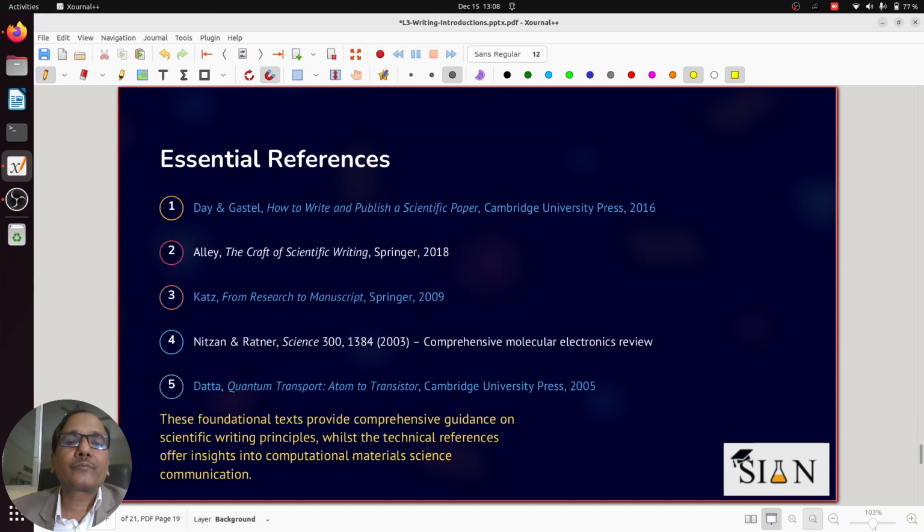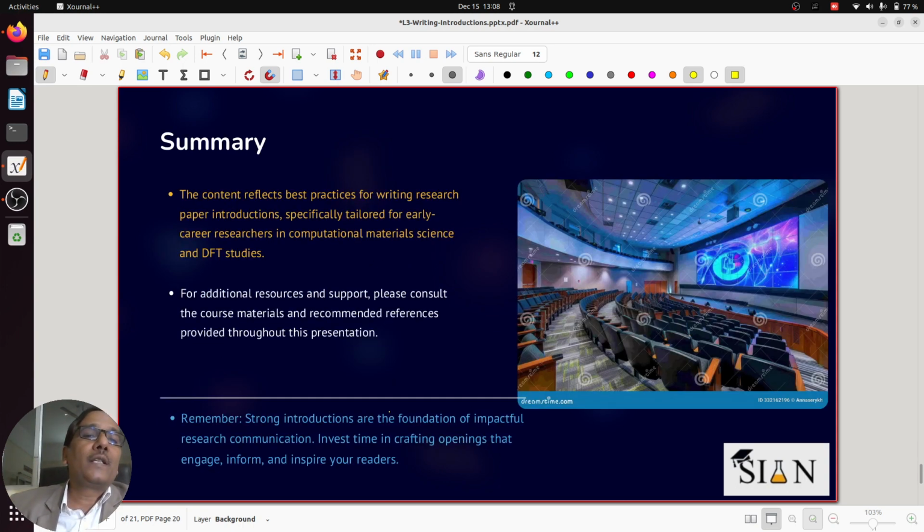Remember this. Some essential references: these foundation texts provide comprehensive guidance on scientific writing and writing principles, while the technical references offer insight into computational materials science communication. So, summary: this content reflects best practice for writing research paper introductions, especially tailored for early career researchers in computational materials science and DFT studies.